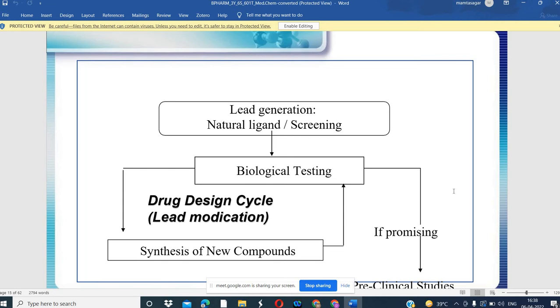Target proteins are generally taken from pathogenic bacteria, pathogenic source like any protozoa or whatever which is causing disease. So we have to cure the disease using these natural molecules or any drug. So any drug should have lead molecules.